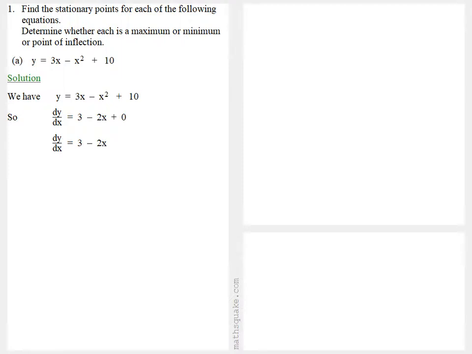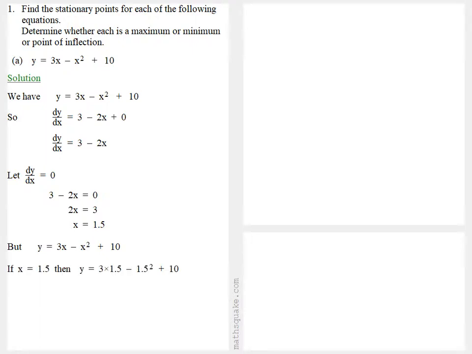Now to find a stationary point we want to find where the gradient is 0. So let dy by dx equals 0, in which case 3 minus 2x is equal to 0, which means 2x is equal to 3 or x is equal to 1.5. But we have y is equal to 3x minus x squared plus 10.